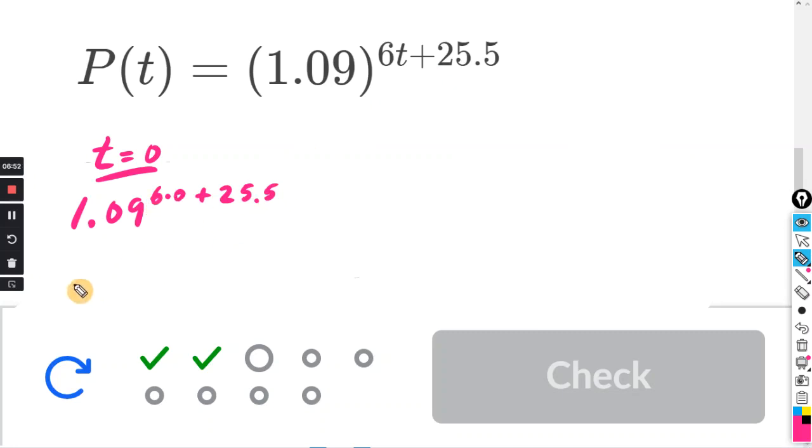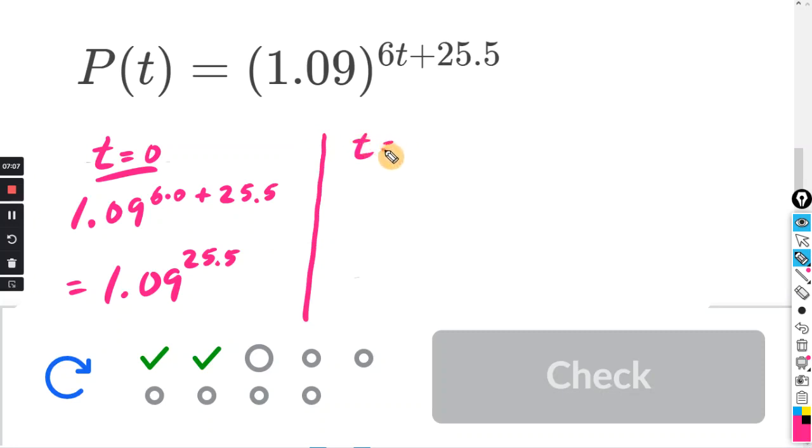That whole thing is the exponent. 6 times 0 is 0. The exponent is 25.5. Okay, that's at hour 0.